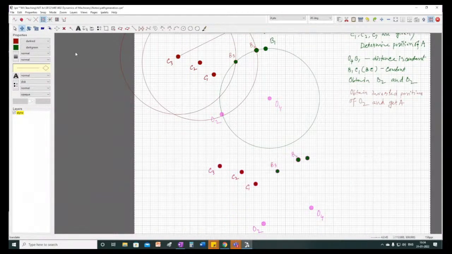Okay, now we will find out the inverted positions of O2 for position 2 and position 3.